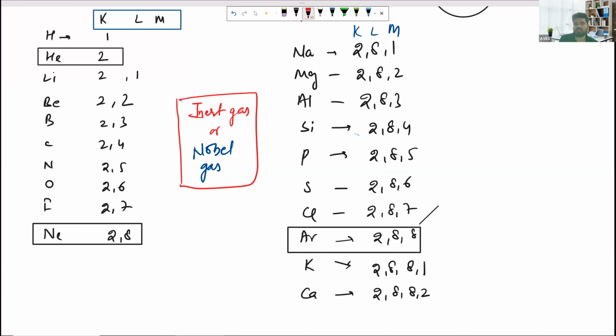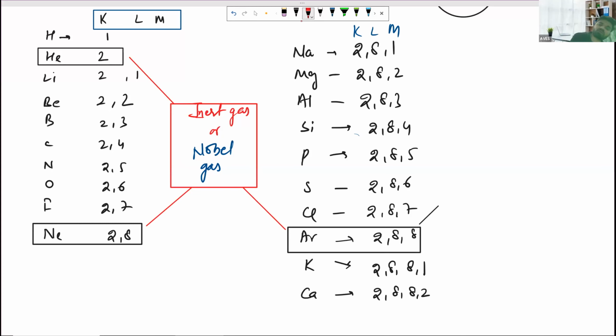How many are the inert gases? Three. The other elements want to have the electronic configuration like helium, neon, and argon.